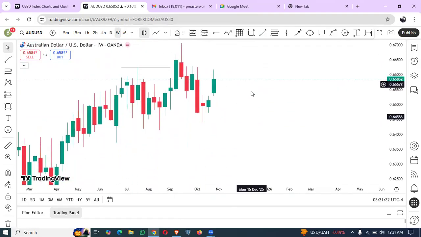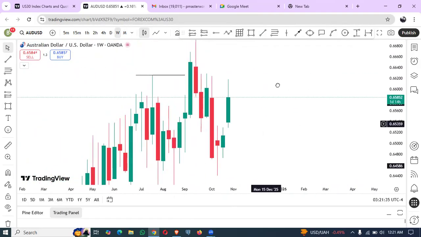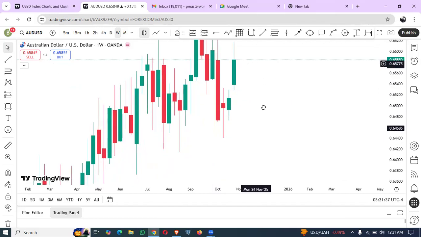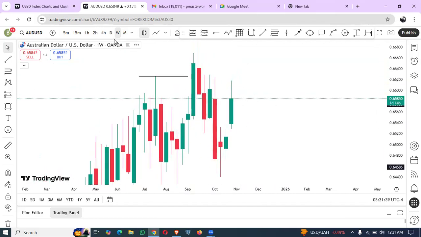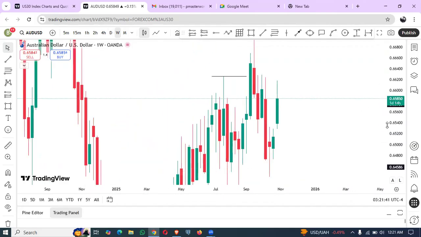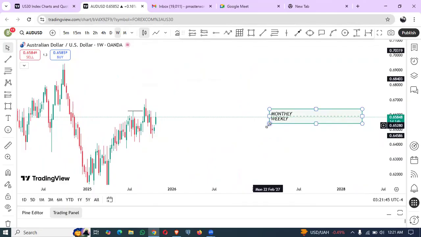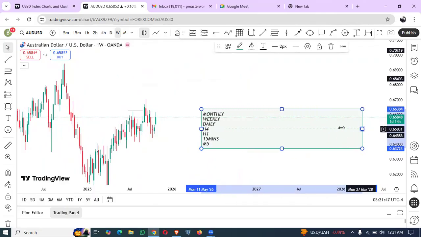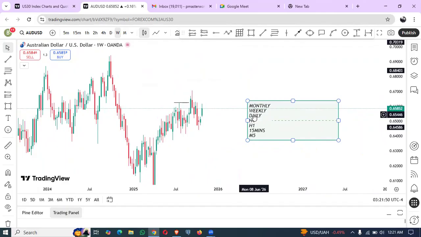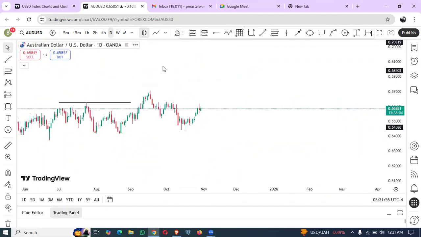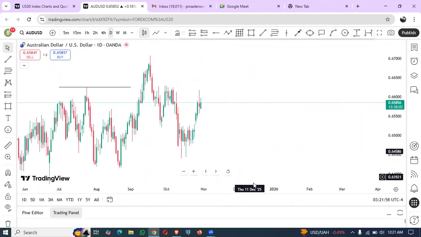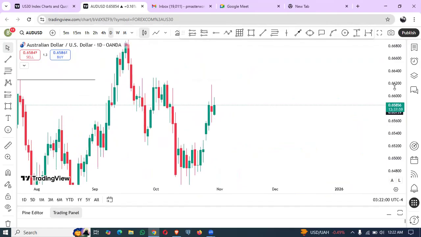Weekly, the same thing. What happened last week? Well, this candle was down, and we're having a bullish week now. So I just use those two to check what the last month and the last week did. Same for the daily, I use it to check what the last day's candle did.